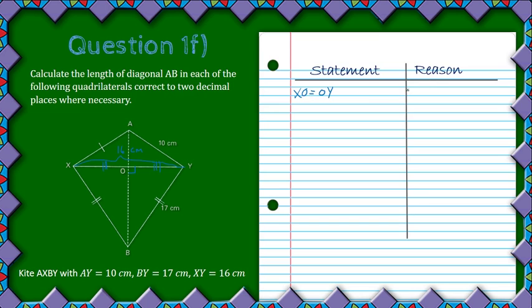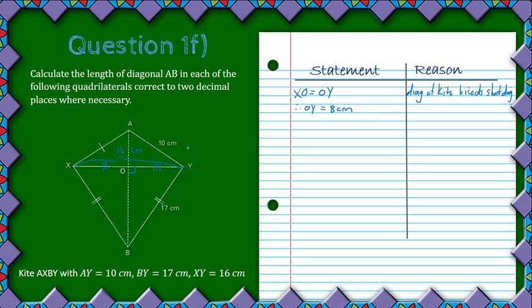And our reason is the diagonal of kite bisects short diagonal. So that means that OY will be equal to 8 centimeters.